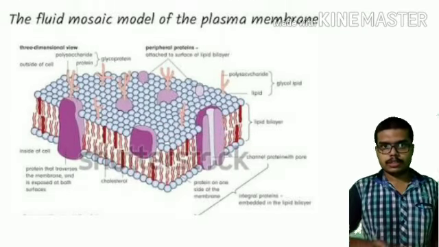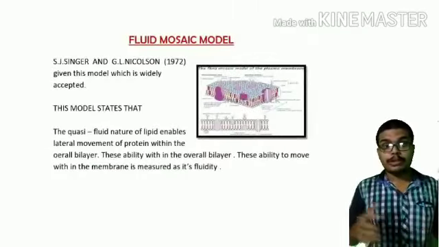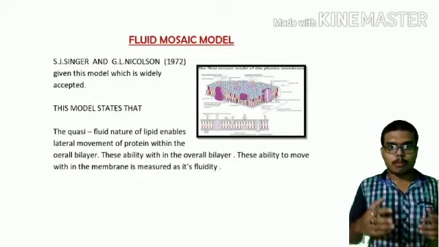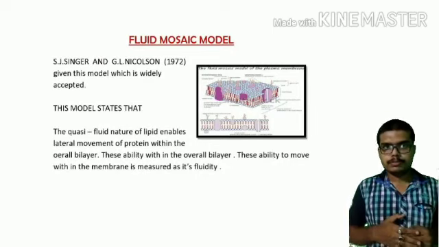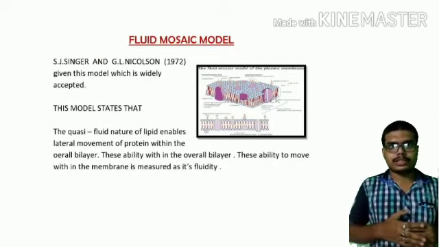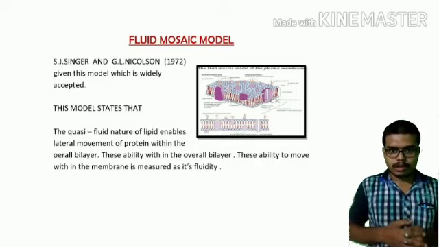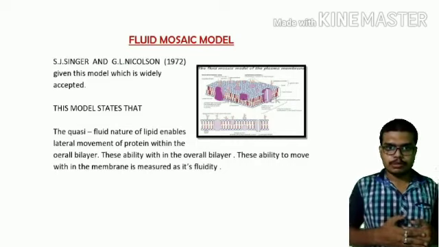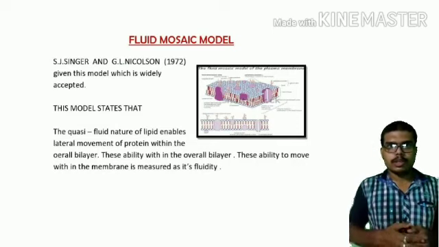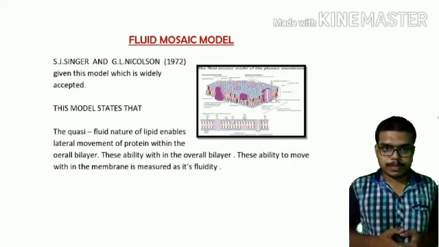So let's proceed. Now we will discuss the fluid mosaic model. It's the most renowned model regarding the study of protein. Singer and Nicholson, S.J. Singer and G.L. Nicholson, in 1972 gave this model, which is widely accepted.